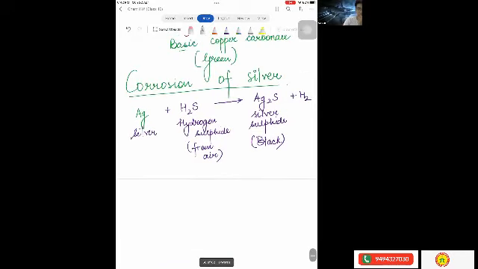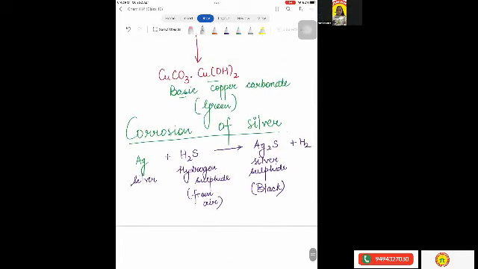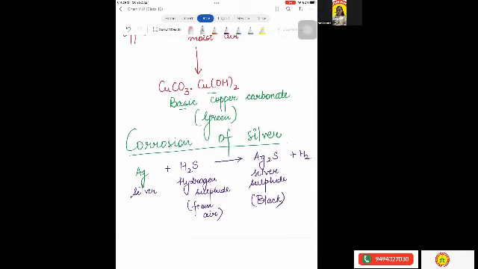Next we need to know about the prevention of rusting. How can we prevent the rusting of iron?